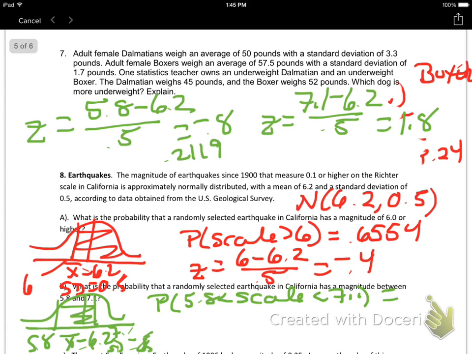Now I'm looking up 1.8, and I get 0.9641. And so now I'm going to subtract the 0.9641 minus 0.2119, and I get 0.7522, or 75.22%.